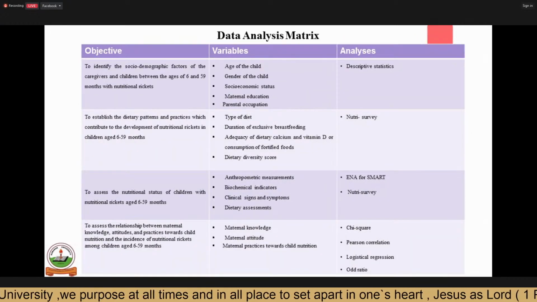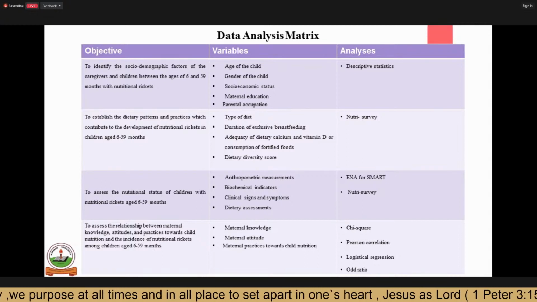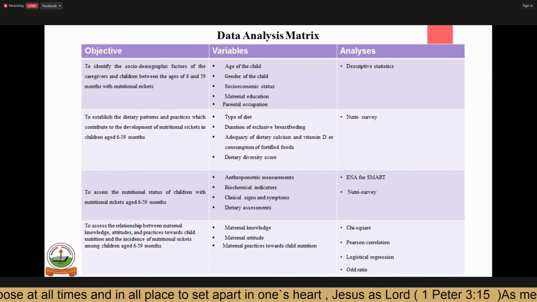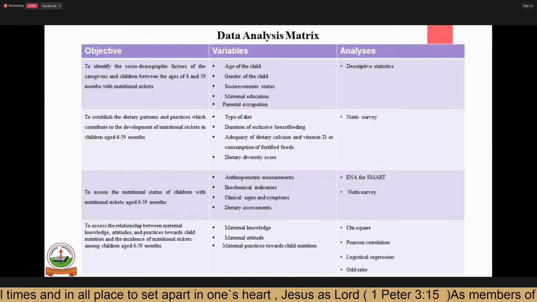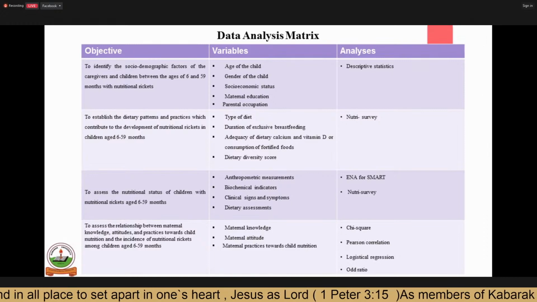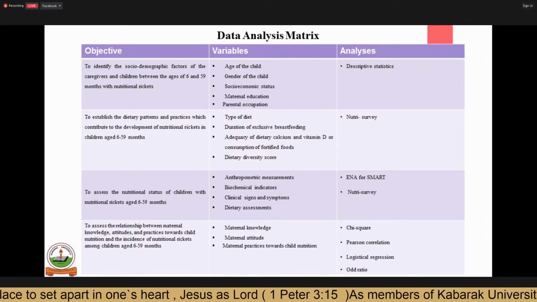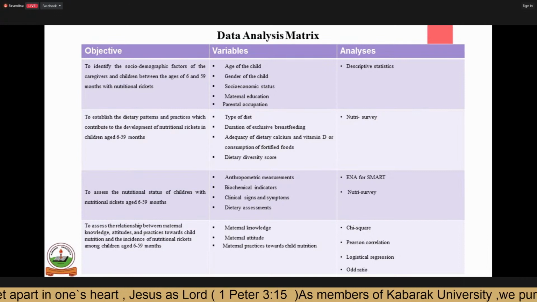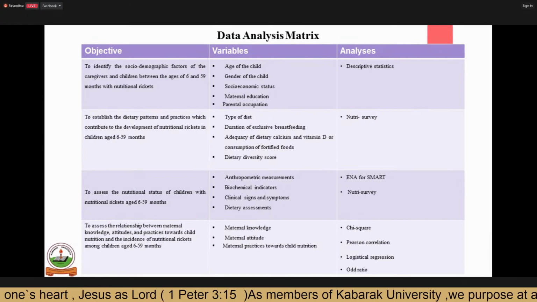My analysis, considering the objective and the variables, like the first objective, I will analyze using descriptive statistics.